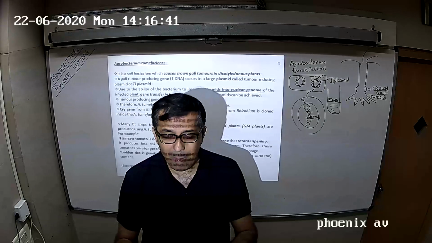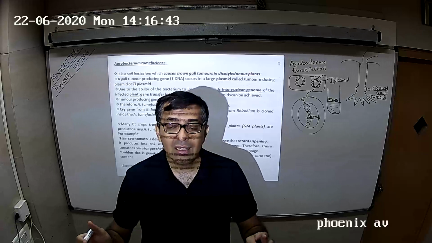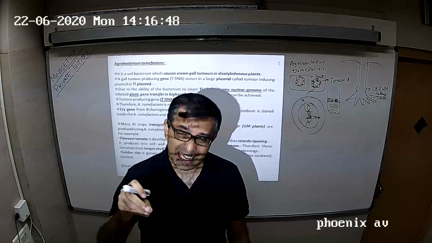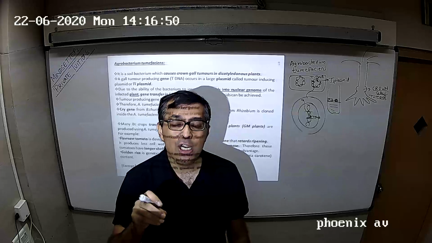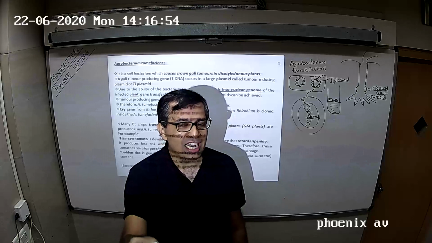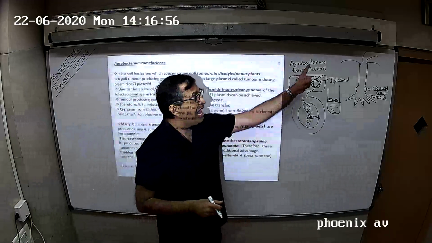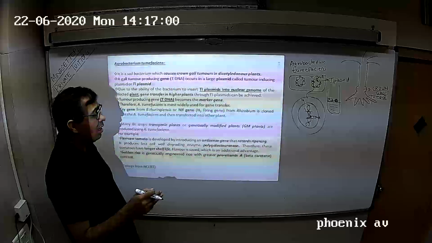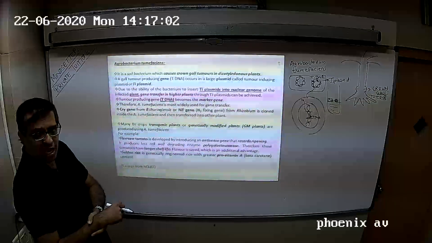That now a marker gene produces the crown gall tumor, which means that the Ti plasmid has got successfully integrated into the DNA of the tobacco plant. So who is a natural genetic engineer of plants? The Agrobacterium tumefaciens. And sir, तो हम इसका advantage क्या कर सकते हैं?